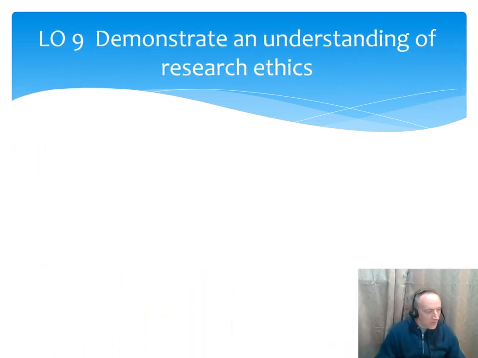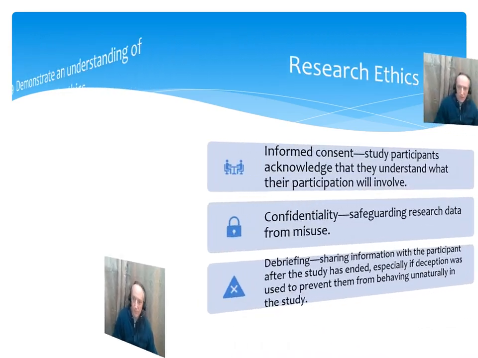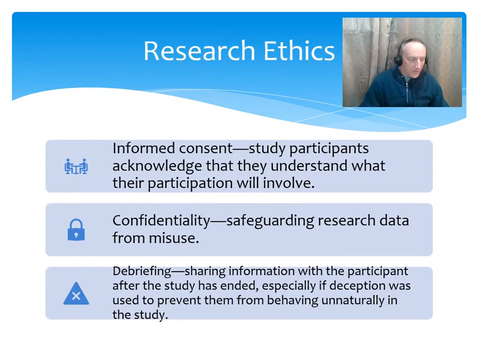All right, the final objective in this chapter on research is how can we do all of this ethically? There are some foundations of ethical research. One is informed consent. In most circumstances, we want participants to know what the study is about, what they are getting involved in.